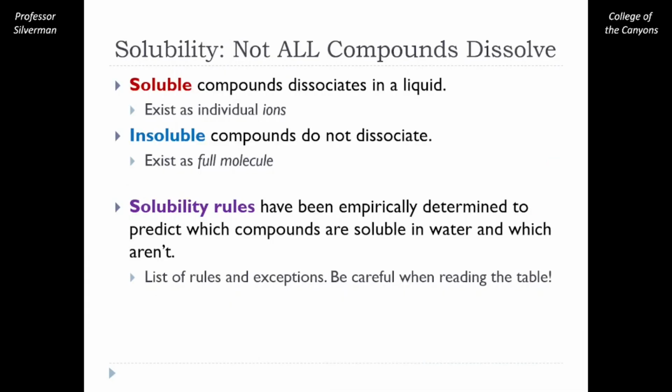We can introduce some terminology. Soluble compounds are ones that dissolve in a liquid. For ionic compounds, this means they exist as those individual ions, those individual pieces. Not everything dissolves. We can call things that do not dissolve insoluble.